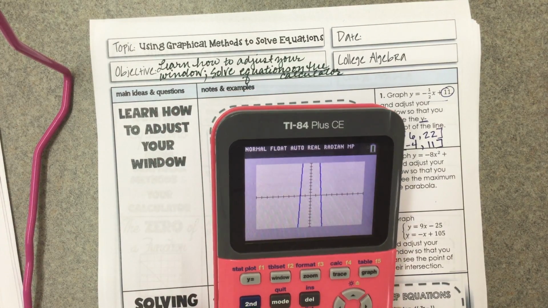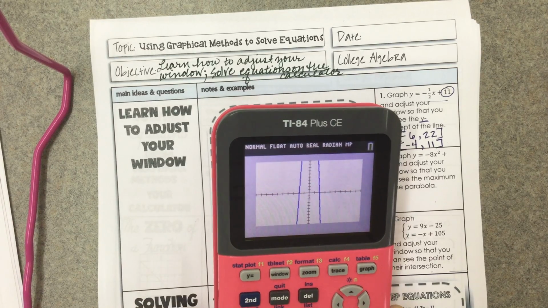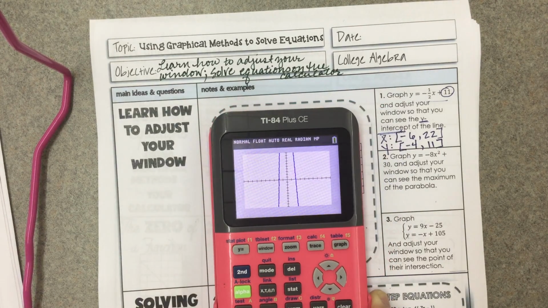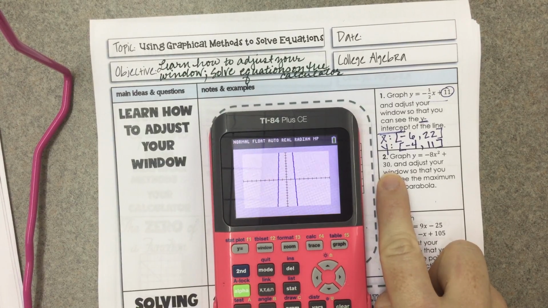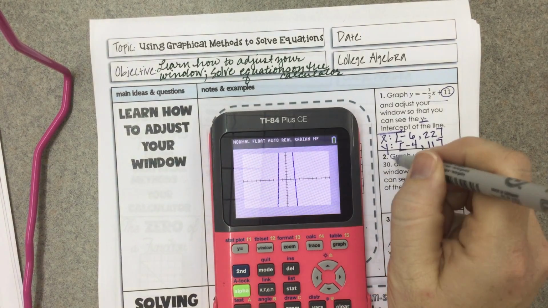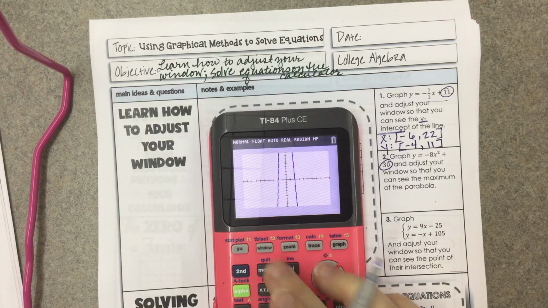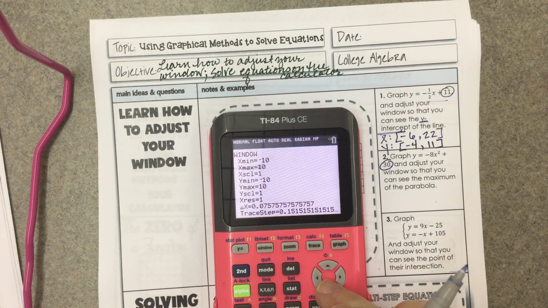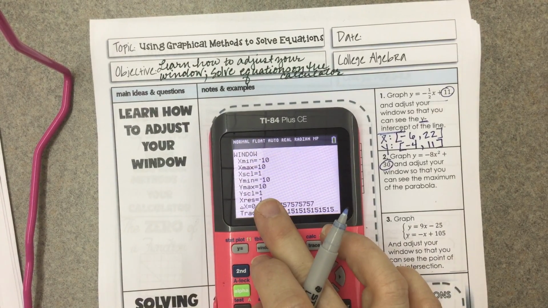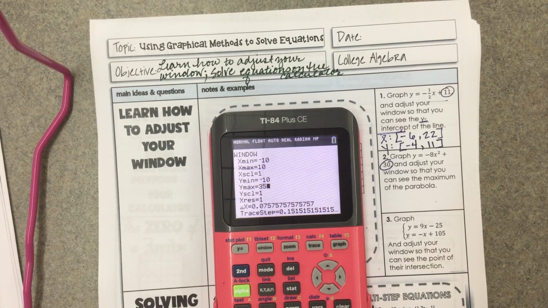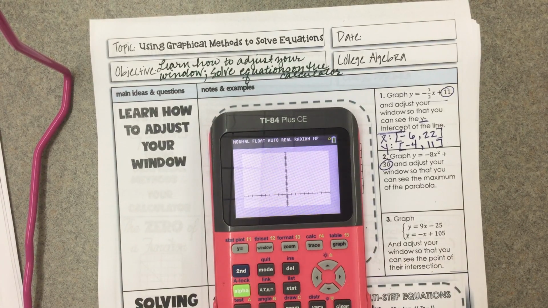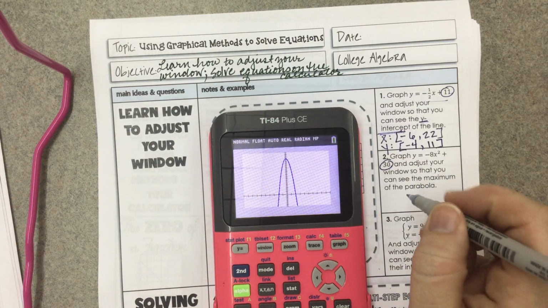I can see part of it, but I can't see the maximum, okay? My y-intercept is going to be 30. Here it is. So I need my window to reach a y max of at least 30. Let's make it be 35. Now I can see the maximum of my parabola.